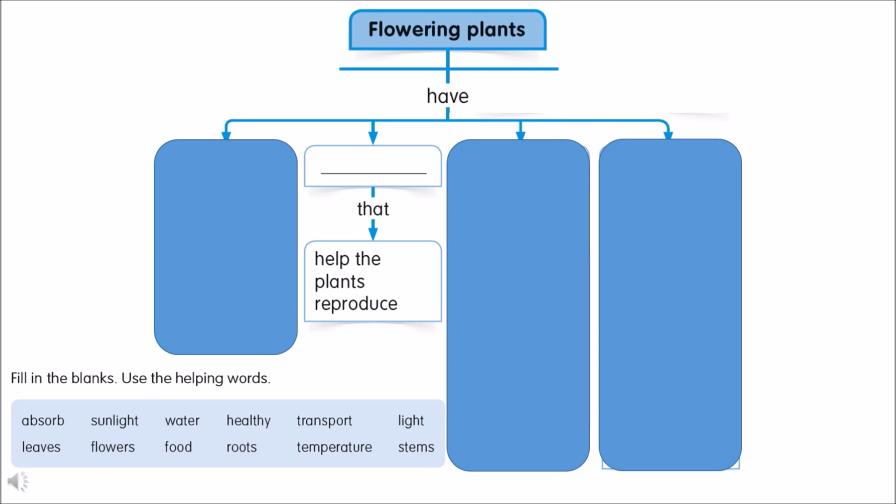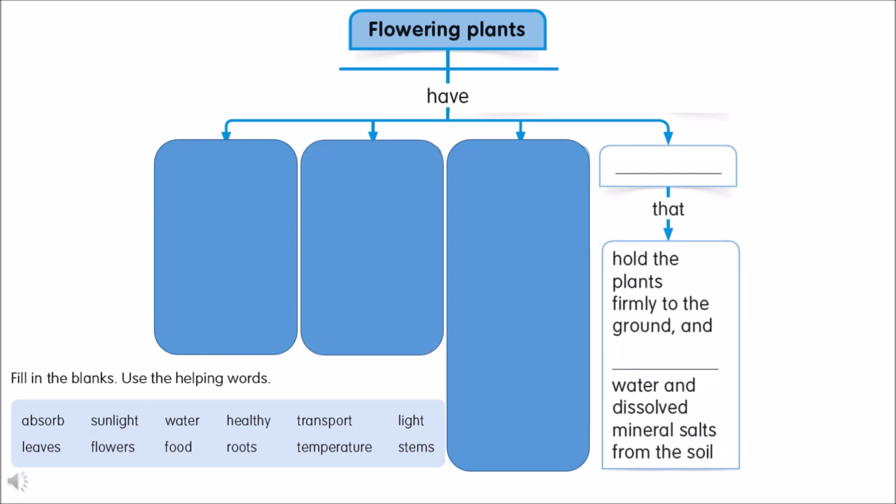Now let's do what flowering plants have, the bottom section. We're going to start with the second one because this is the most complete one. So this is the easiest one. So flowering plants have flowers that help the plants reproduce. Next, let's move on to the fourth one because I think that one's the next easiest one.